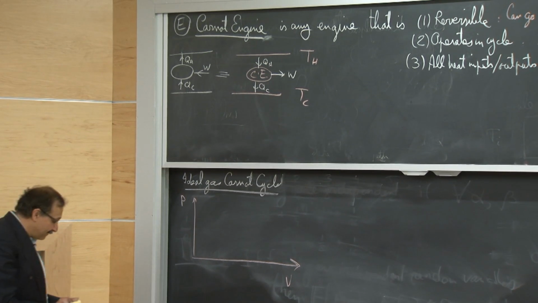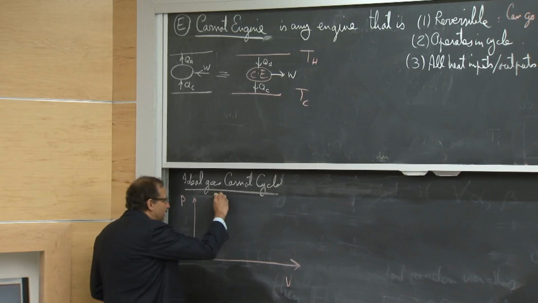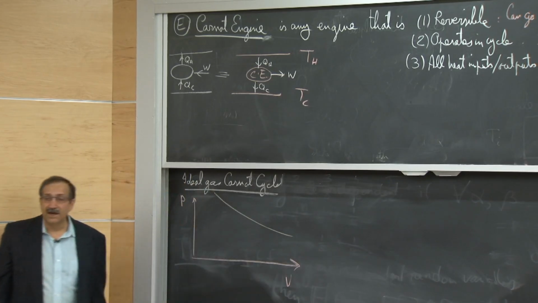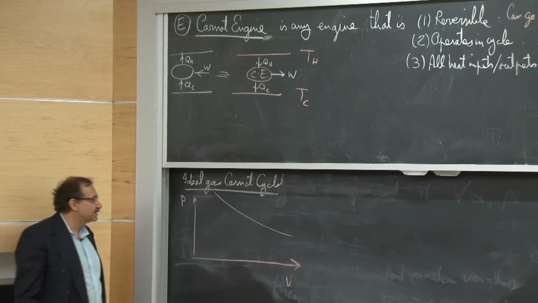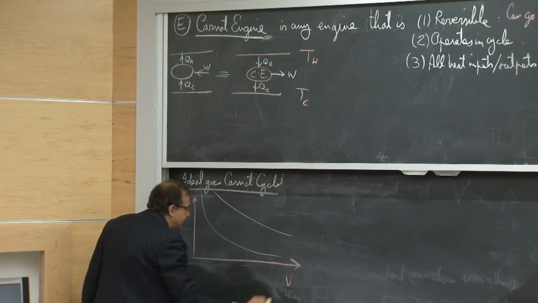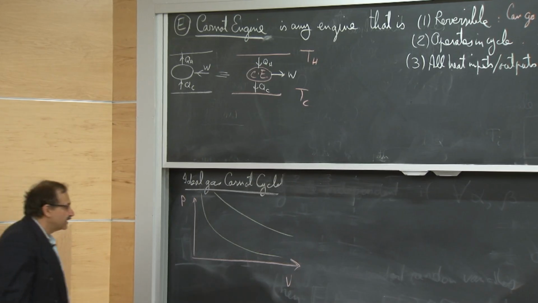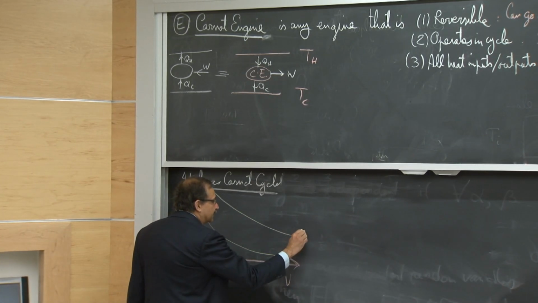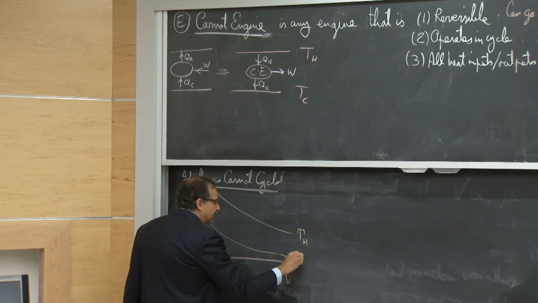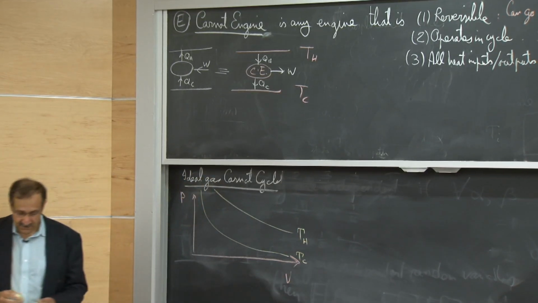Well, we've already established that we can have isotherms for the ideal gas that correspond to these curves that correspond to PV is constant. So I could really choose one of the isotherms that we discussed before, corresponds to TH, one corresponds to TC.